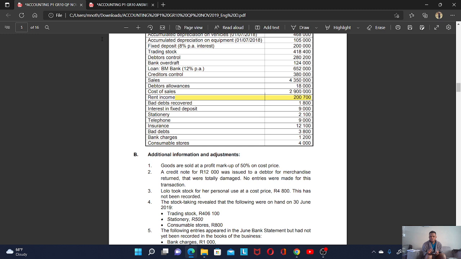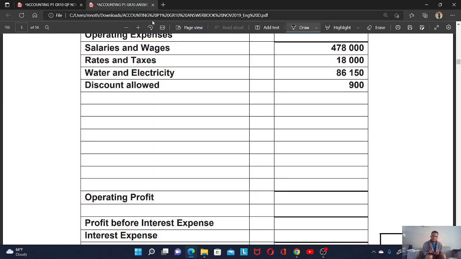So let's go to the expenses. The trading stock is 418,400.